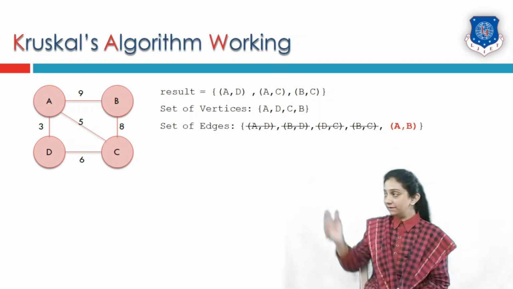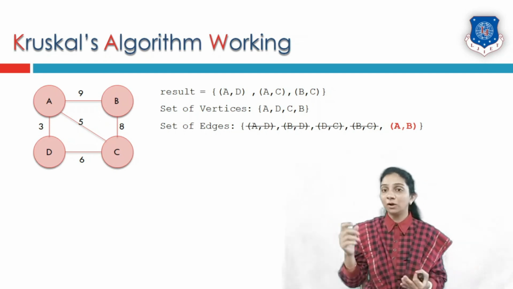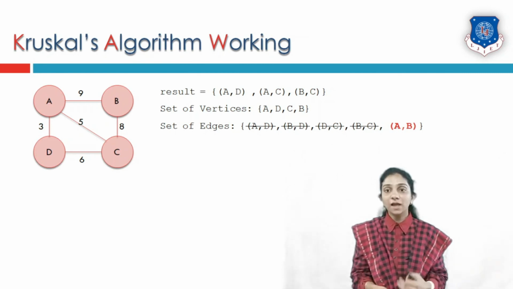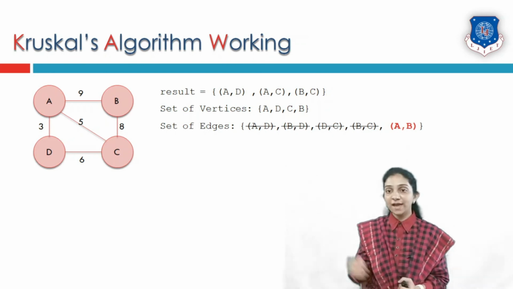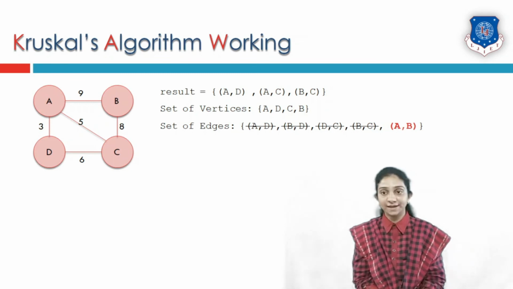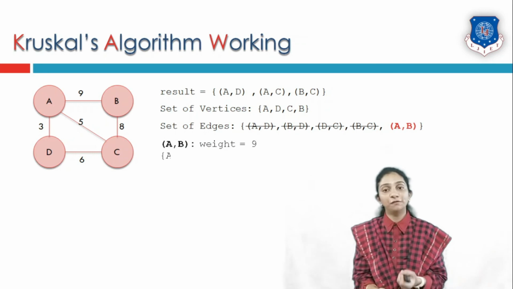Now as you see, my result set is updated because it now contains 3 edges: A, D, A, C and B, C. From the set of edges, we have worked on 4 edges. Now we will consider the 5th edge, an edge A, B having weight 9.